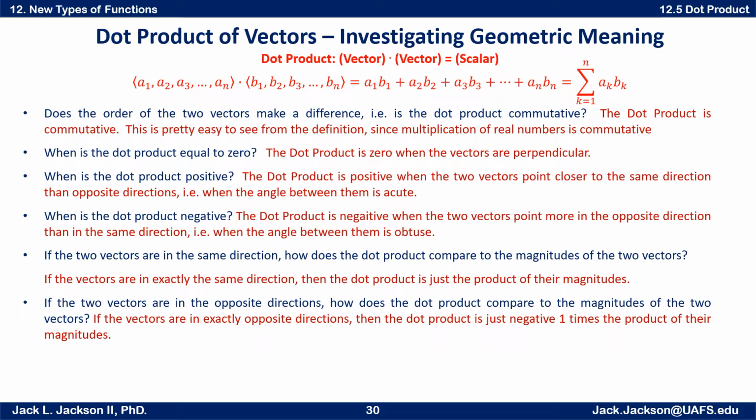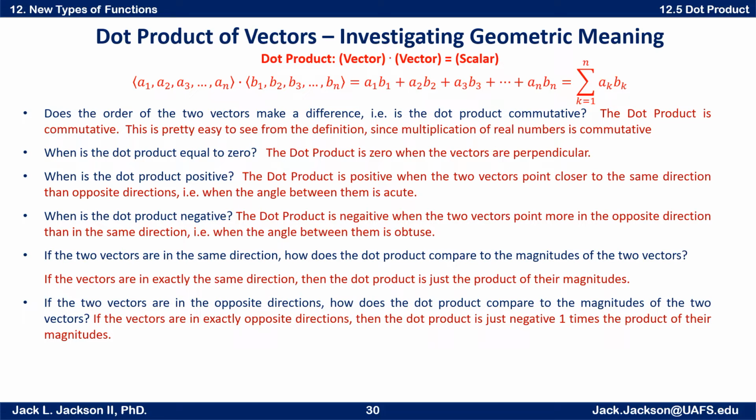If the two vectors are in the same direction, how does the dot product compare to the magnitudes of the two vectors? Well, at least in the examples we looked at, if the vectors are in exactly the same direction, then the dot product is just the product of their magnitudes, a positive number. If the two vectors are in opposite directions, how does the dot product compare to the magnitudes of the two original vectors?